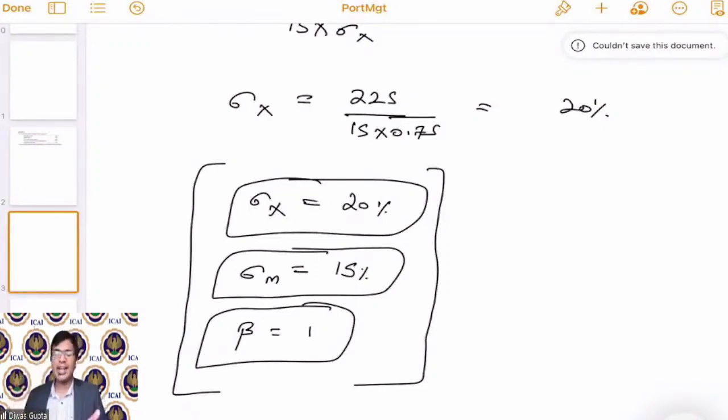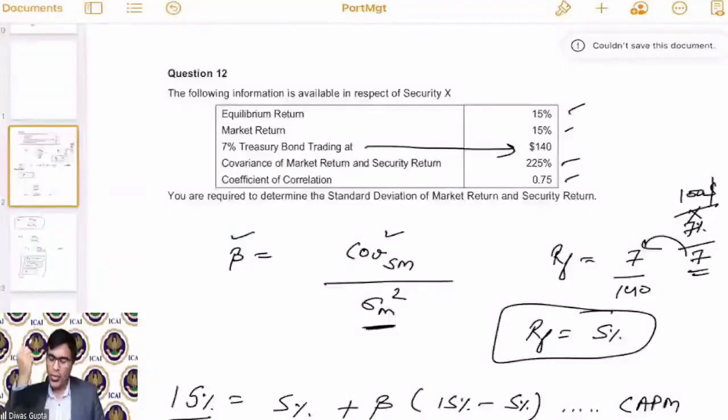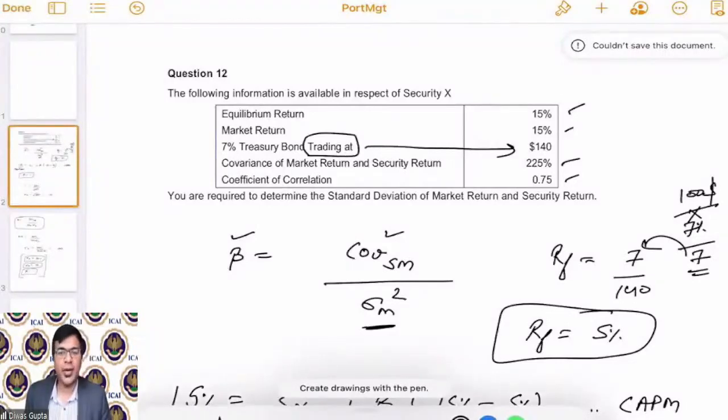First of all, is this right? What is getting calculated here? Okay, Namita is saying, sir, why cannot we take the risk-free rate as 7%? Namita, you can take that, but the way the question is framed, it says that it is trading at. If these words were not there, then that assumption of 7% is very reasonable to be taken.